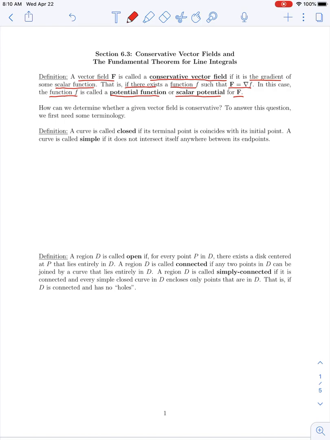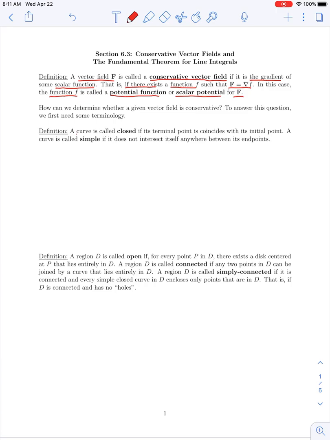So in this section, we're going to introduce a theorem which allows us to determine whether a two-dimensional vector field is conservative. But to state that theorem, we first need to introduce a little bit of terminology. So let's start here by introducing some definitions.